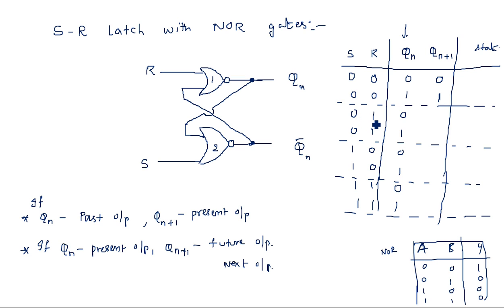Next, R is equal to 1, Qn is equal to 0. Qn equal to 0 means this is 1. So 1 and R is equal to 1, both are ones, so the output is equal to 0. Again 0. And what about this one? Previously we assumed it as 0, and again this is 0.